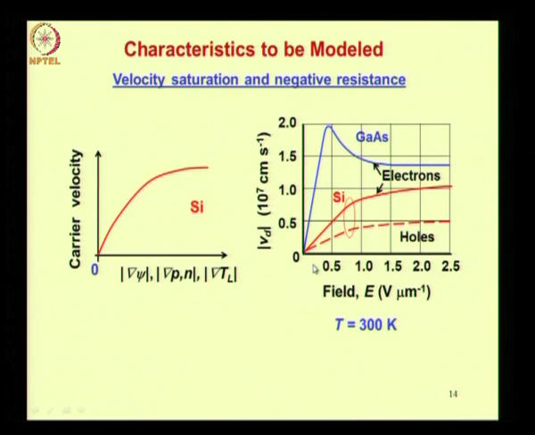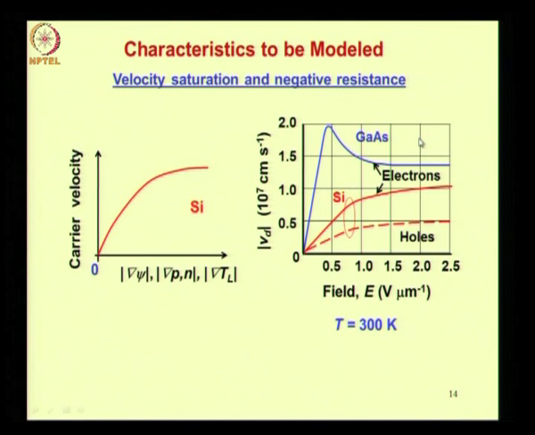So you see the electric field range is from 0 to about 2.5 volts per micron, and velocity saturation occurs beyond about 1 to 1.5 volts per micron. Now mobility of electrons is more than that of holes, therefore the electron curve is above the hole curve.